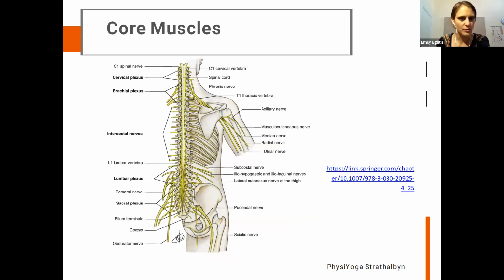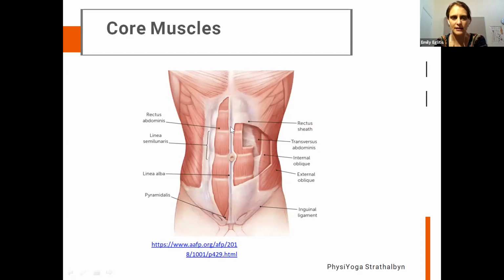I did just want to point out though, that this region of the spine, the rib cage region of your spine, is responsible for sending nerves to switch on those abdominal muscles. So if we go back a second, these muscles get switched on by nerves that come from this area of your spine.